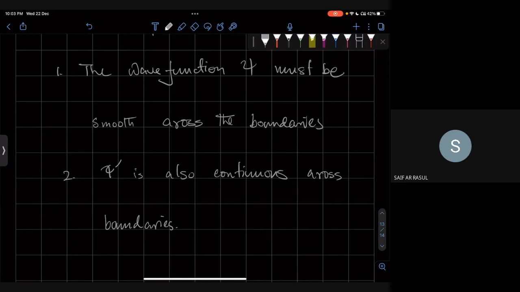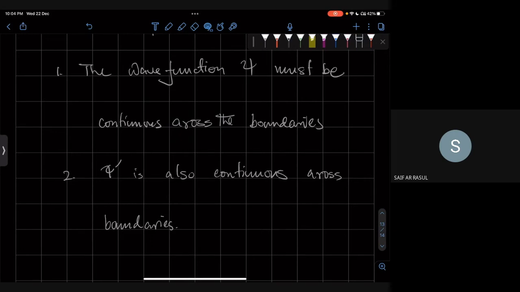Actually, let's just keep continuity, because the smoothness is something that just comes out as a consequence of having a potential that has a finite discontinuity, right?